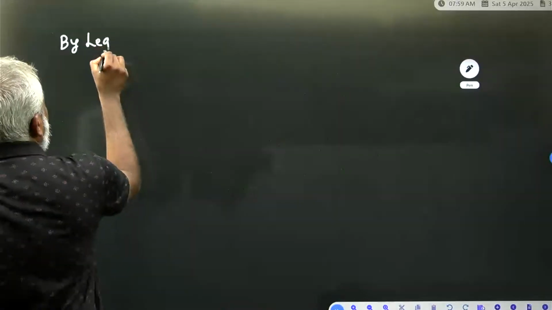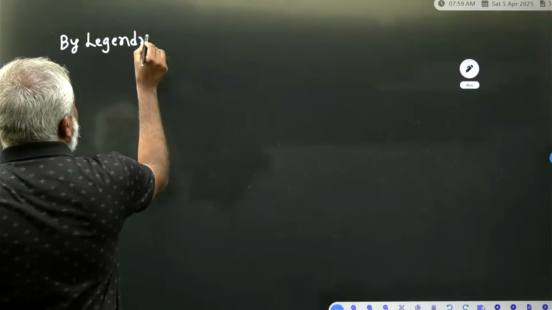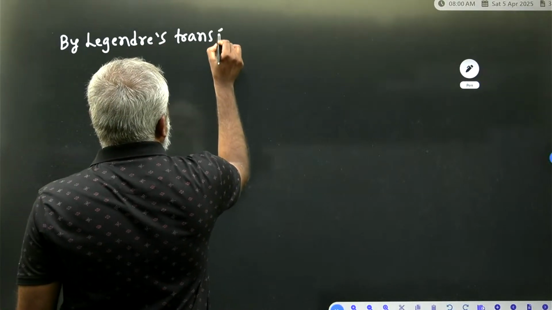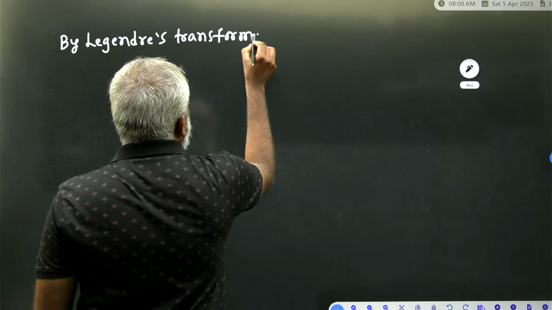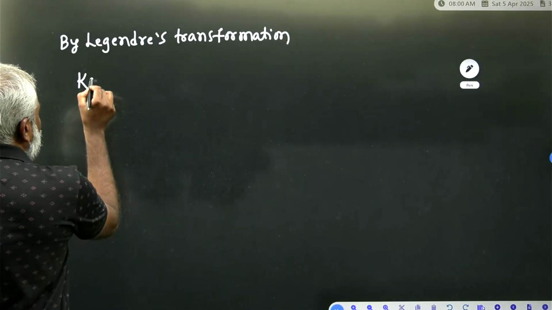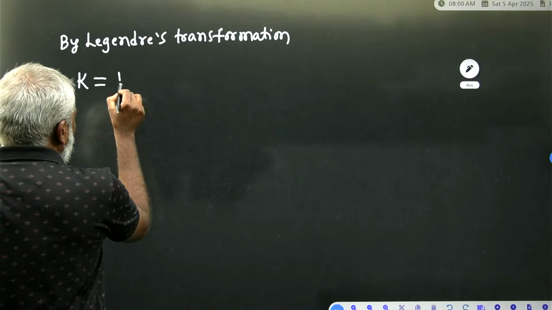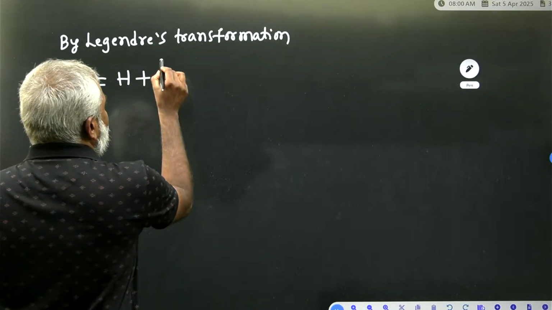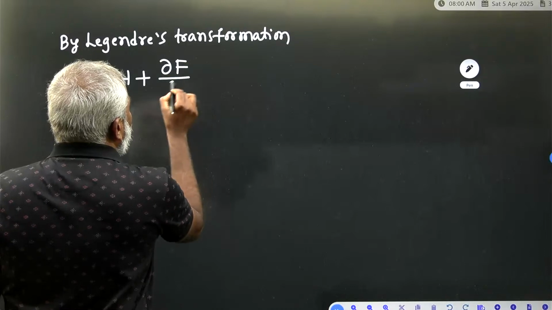By using the Legendre transformation, as I already gave you, the transformed Hamiltonian K is equal to the old Hamiltonian H plus ∂F/∂t, where F is a generating function.